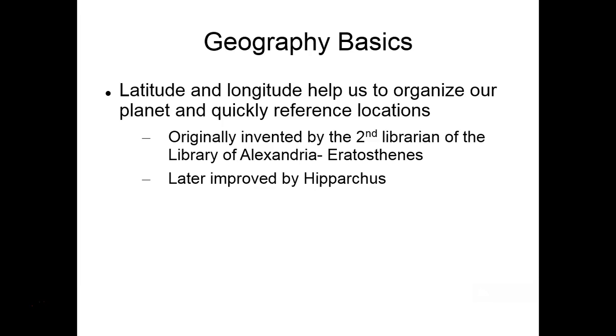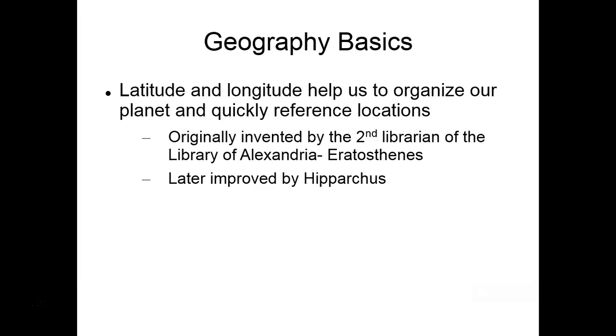So the Earth is a little bit over 40,000 kilometers around at the center part of the equator. And so Eratosthenes was able to figure that out and create this grid system. Now, his estimates were not perfect, so they were later improved by another librarian of Alexandria.